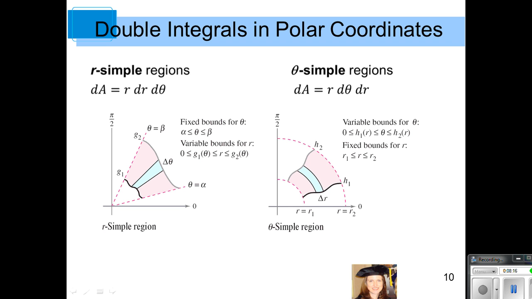Before we get into doing that, let's look at the different types of regions that we can find using these polar coordinates. We can have r simple regions. In that case, if you slice the region like a pie, then the inside radius is defined by a g1 function, and the outside radius is defined by a g2 function, where your smallest angle alpha to your largest angle beta.